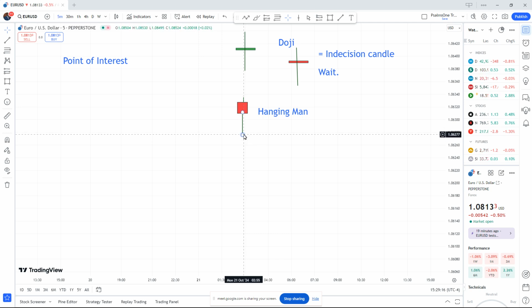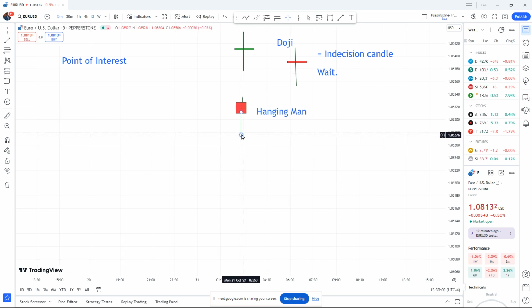It can have a wick, it may not have it. It can have it at the top of the body. So if my diagram is not perfect enough, please try and take it like that. But I think you are understanding what I'm trying to explain. So it will look like a hammer, but it's now a red color hammer. That is what we call the hanging man.